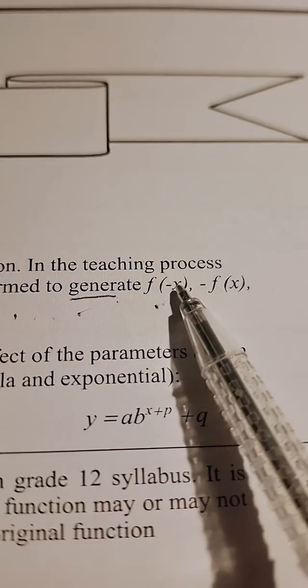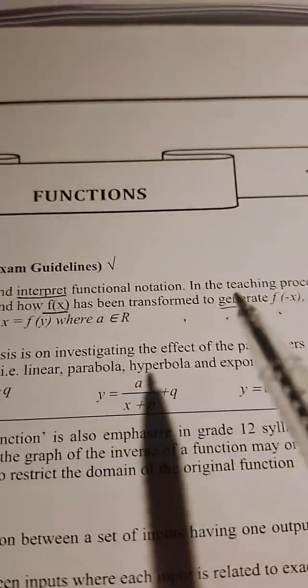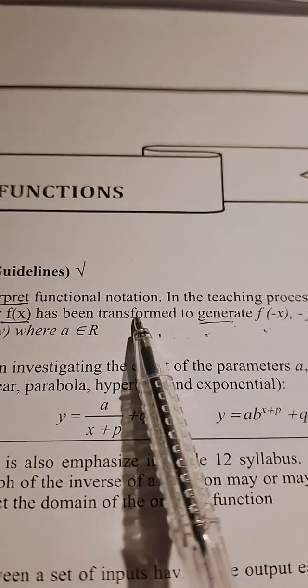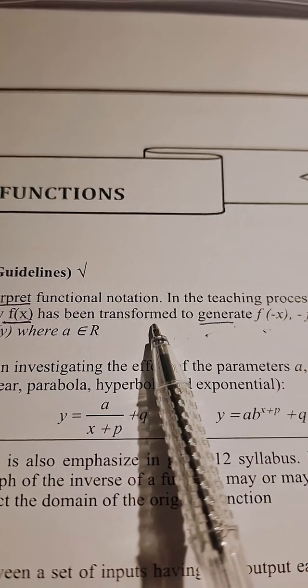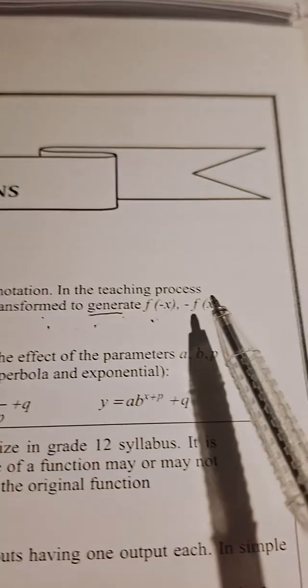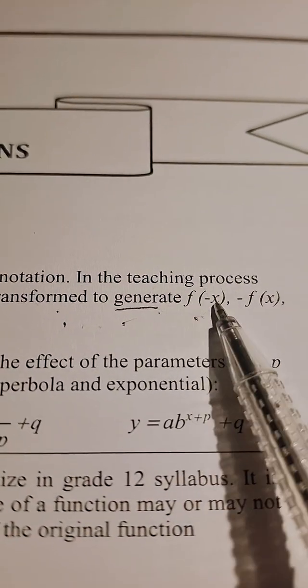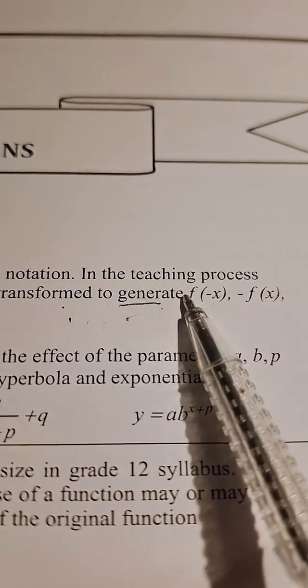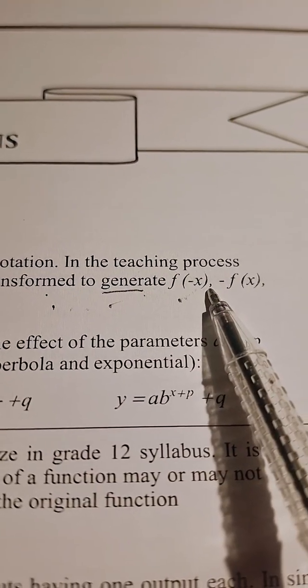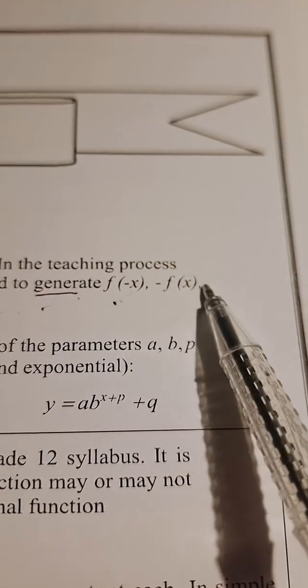When we say f of negative x, when speaking about the transformation, do we understand what transformation in your function that refers to? Secondly, negative f of x, do we understand what the transformation is referring to here? F of x plus a, what implication does that have on the transformation of a function?